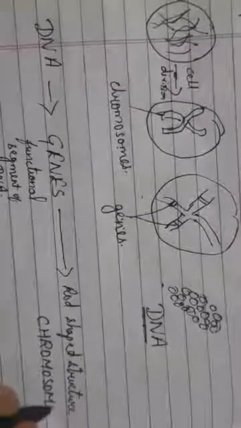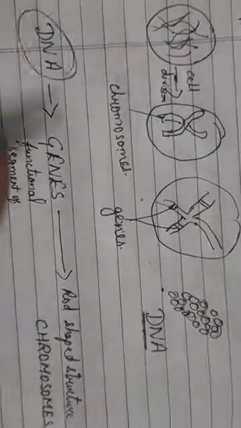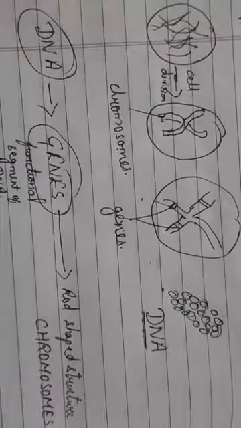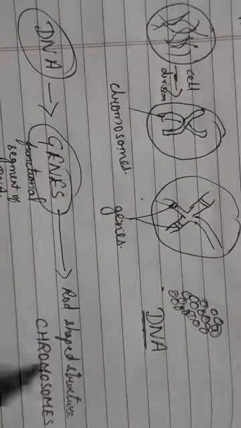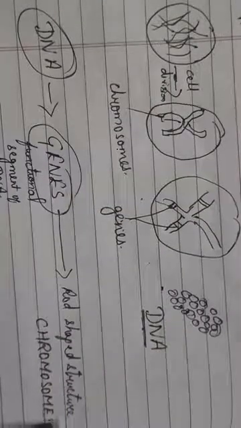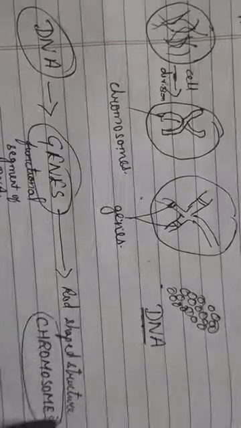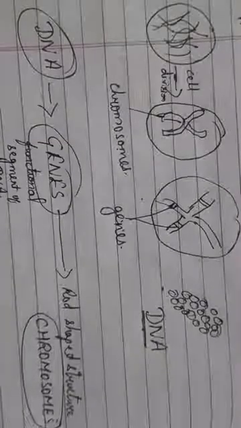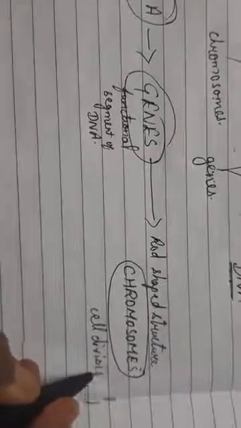So DNA, then genes, which are the functional segment of DNA, and then again these genes are inside the chromosomes. And what are chromosomes? Chromosomes are the structures which are obtained during the cell division.